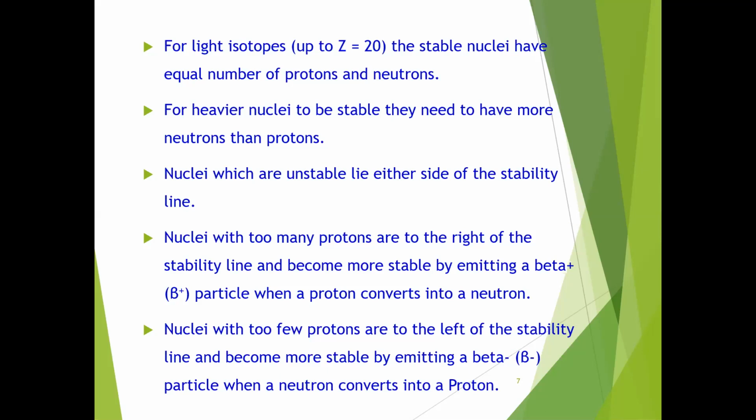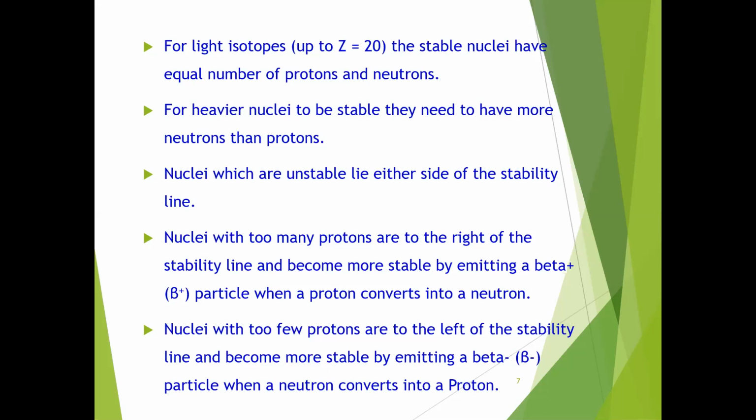I will repeat. For light isotopes, the stable nuclei have an equal number of protons and neutrons. For heavier nuclei to be stable, they need to have more neutrons than protons. And nuclei which are unstable lie on either side of the stability line. If they lie above the stability line, they emit a beta plus particle and a proton converts into a neutron.